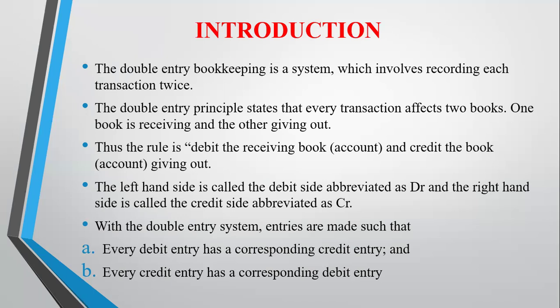That is the whole concept of the double entry principle. And also, in the book or account, the left hand side is always the debit side, and the right hand side of the book is the credit side.